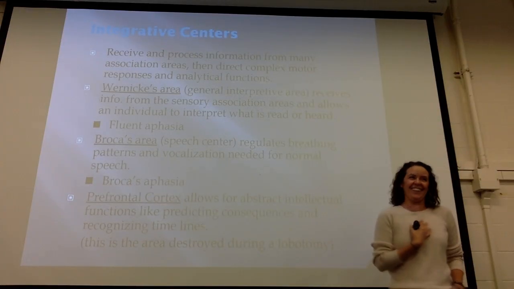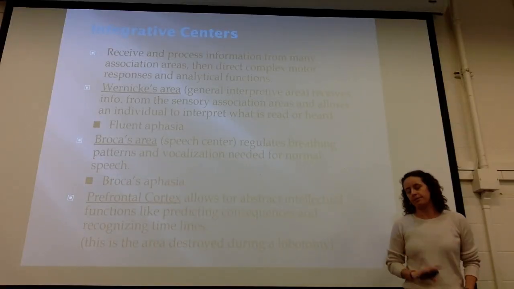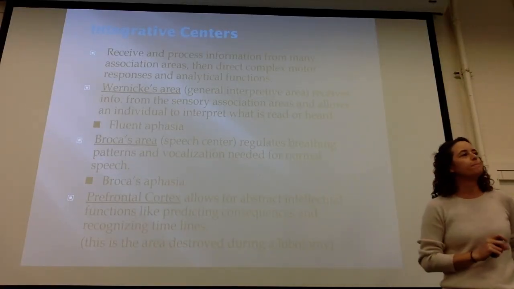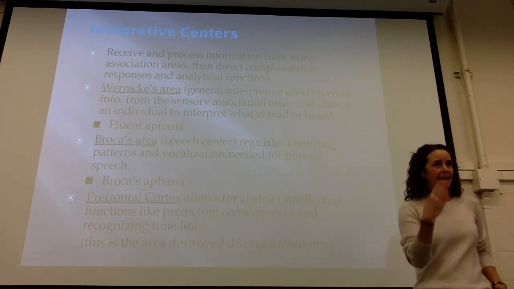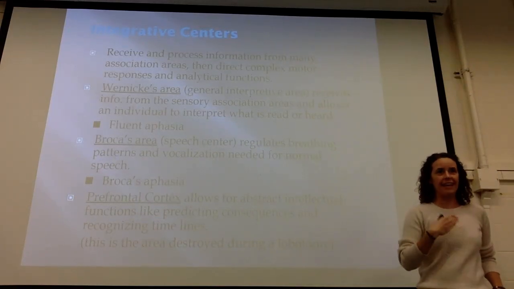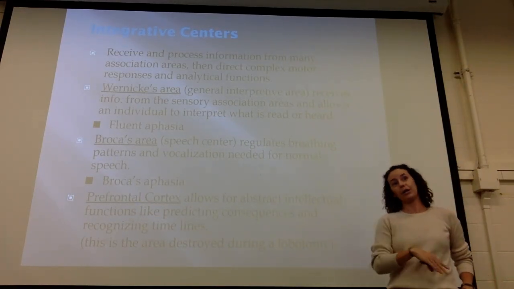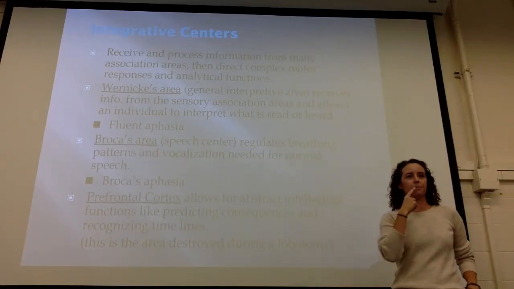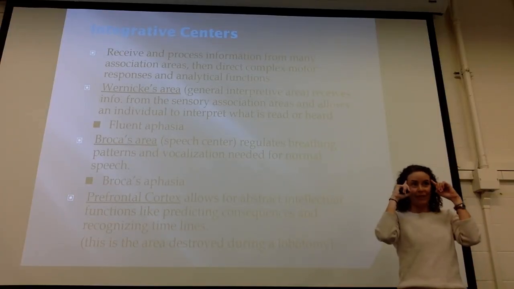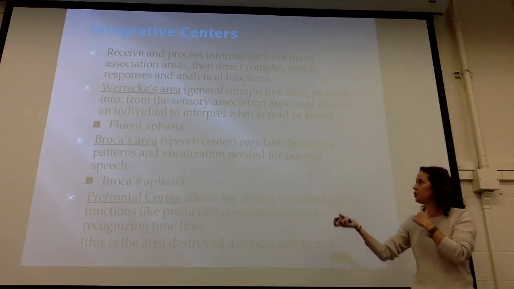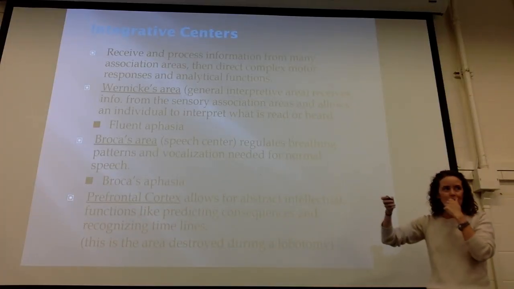And I know it's kind of funny. It's not funny, but my example is maybe fun. So I sound like I'm speaking totally normal. My pattern and rhythm and my breathing and all of that sounded normal, and I could go on for days and days because my speech center was fine, but my understanding was not there at all. That's damage to Wernicke's area.